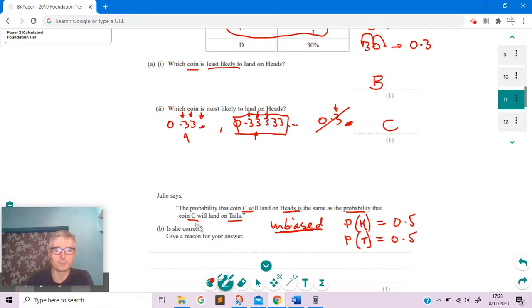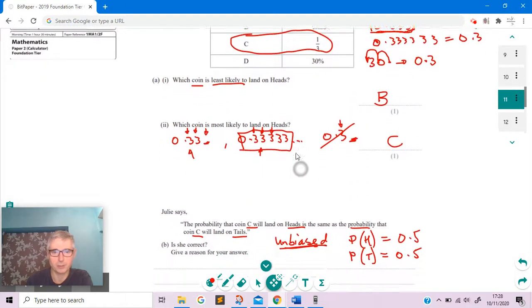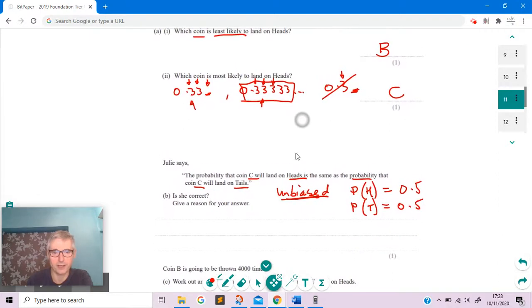What we've got is a biased coin, and so as it says up there for coin C, the probability of getting heads was equal to 1/3.